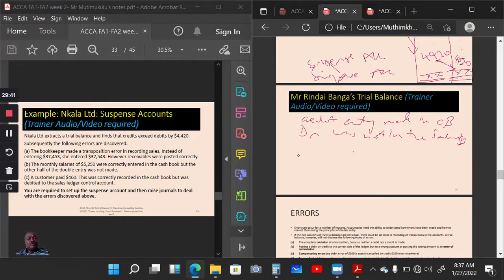So what do we have to do? We have to debit the salaries account with the same amount. How much is it? 5,250. And credit suspense account with the same amount.